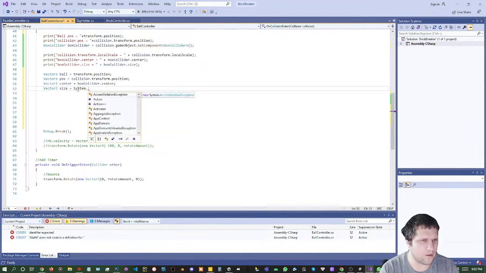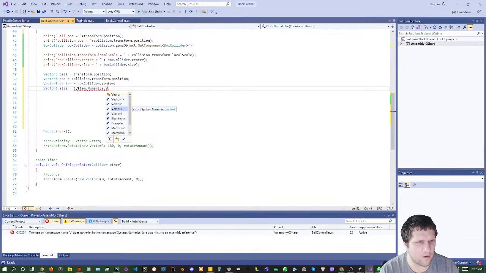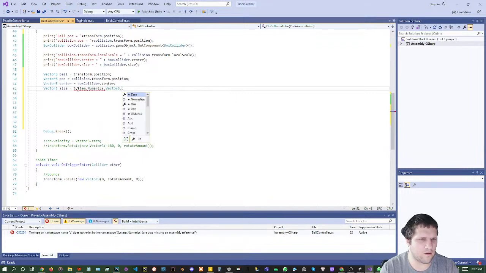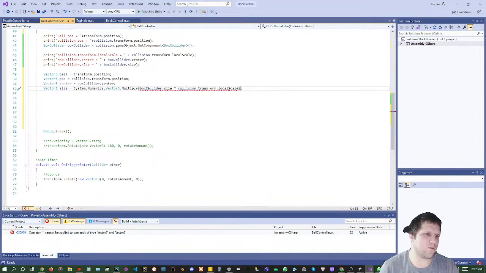Mathf dot... oh well. System.Numerics.Vector3.Multiply, and does that work?